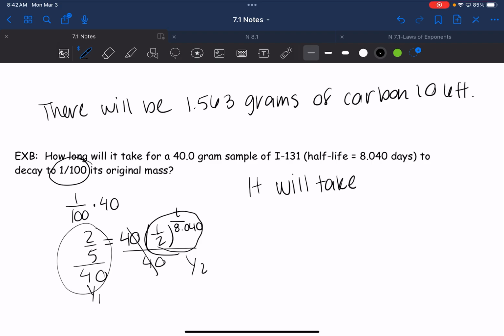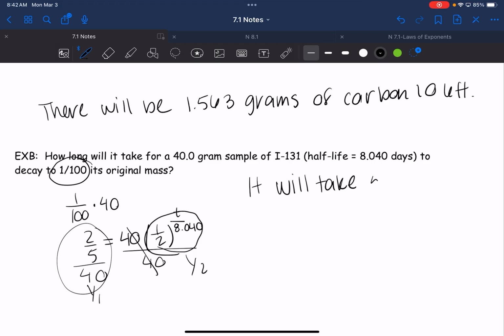Anybody able to figure that one out, come up with where they intersect or where that will be in our table? I think I heard somebody say it.